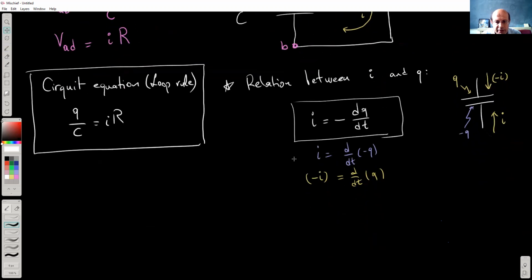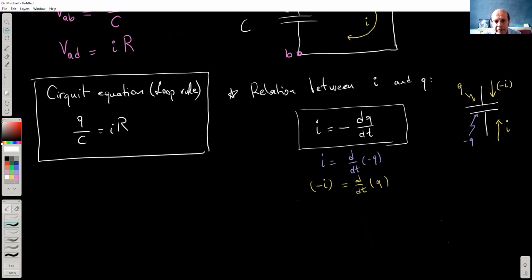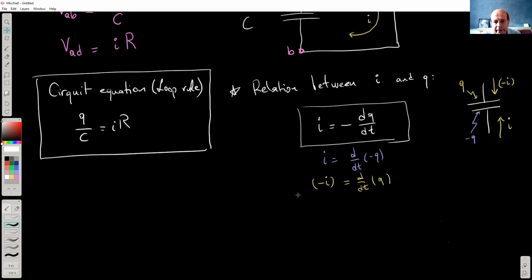Now, for the other part, I need to solve this, right? Of course, it is these two equations together.